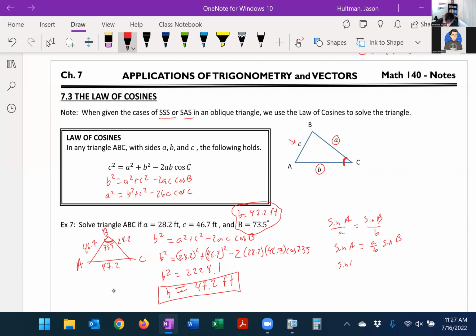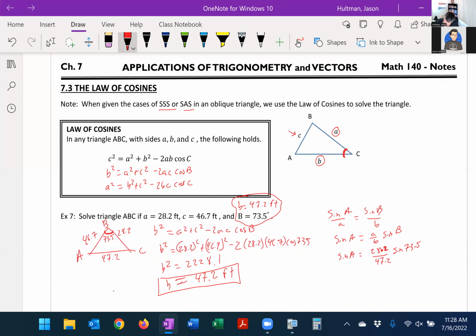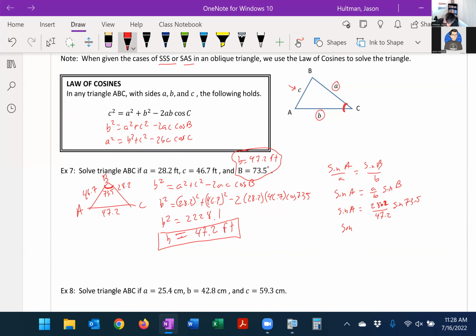Okay, so the sine of A is equal to A over B. So A is 28.2 and B is 47.2, what we just found. And then the sine of angle B, which they gave us, was 73.5. So now the sine of A is going to be approximately equal to this value.